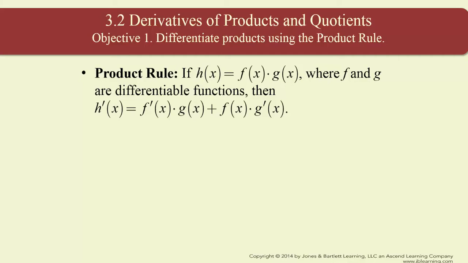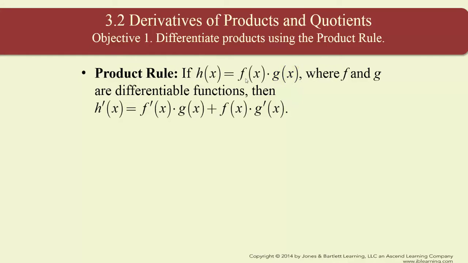Okay, I kind of know this in English form. Here's the English that matches up with the product rule. The thing about making it work is you have to notice that f of x is the first function, g of x is the second function.